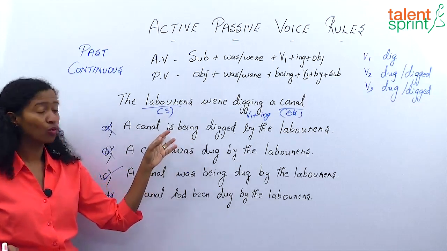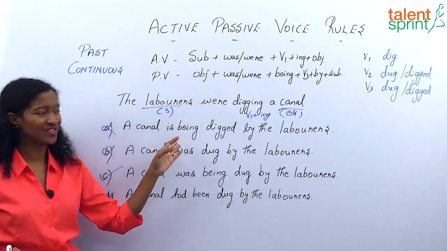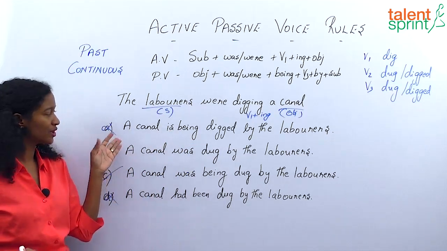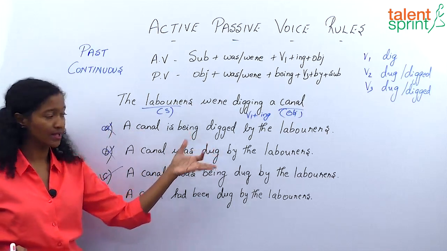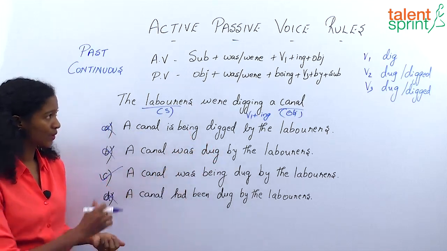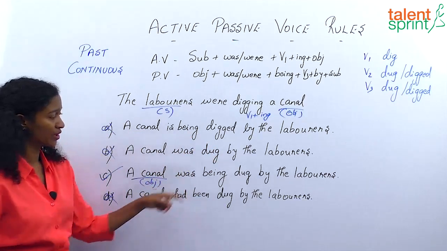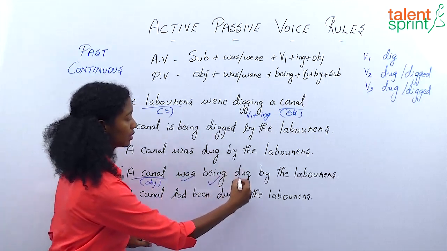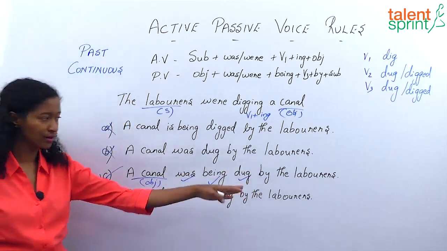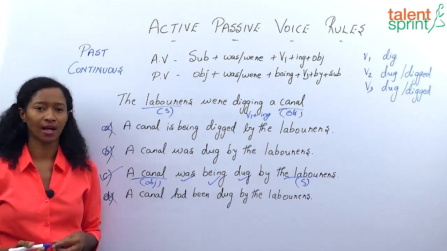I don't have was or were. We're talking about past continuous and not present continuous. So that's why we eliminated option A, even though digged was there. Following, so a canal, the object, which is our passive subject, was being dug, verb 3, by the subject, and therefore option C is our answer.